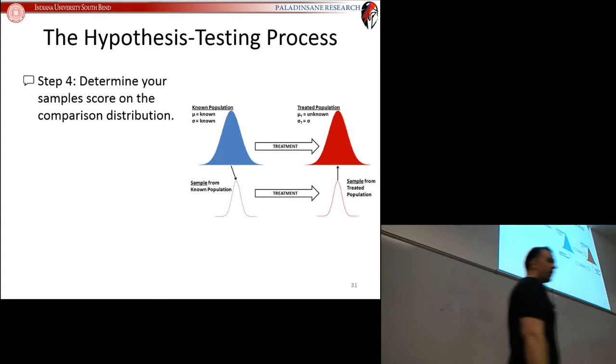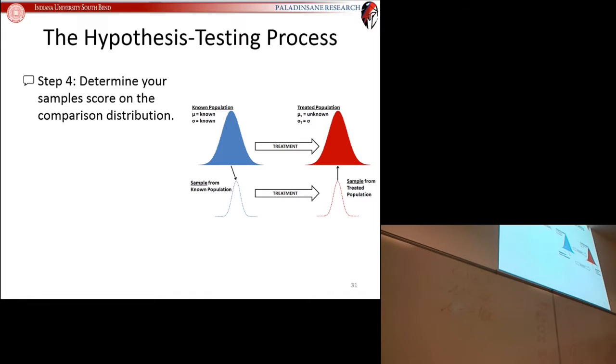All right, so step 4. Once we determine our cutoff score, once we determine that line in the sand that is just so unbelievable that we reject its possibility, next we have to determine where our sample actually is.